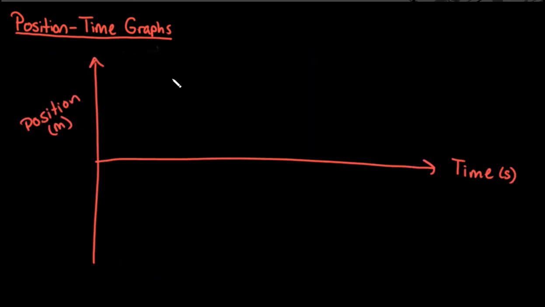Now when we take a look at position time graphs, we are considering displacement as well as position when looking at these graphs. Let's take an example. So let's say we have a cat that starts off at our reference point at time equal to 0.